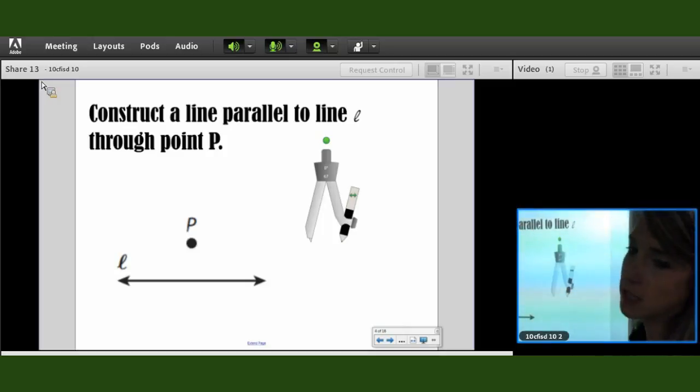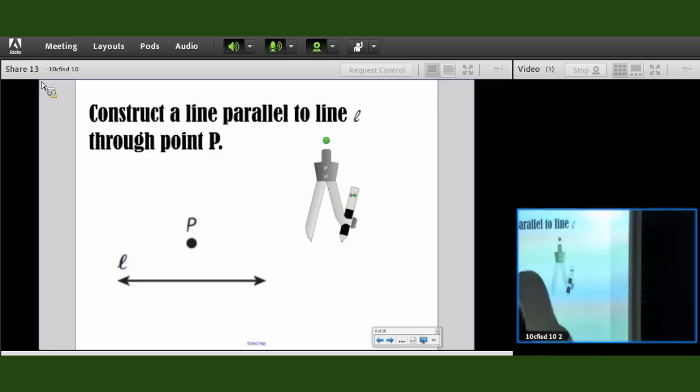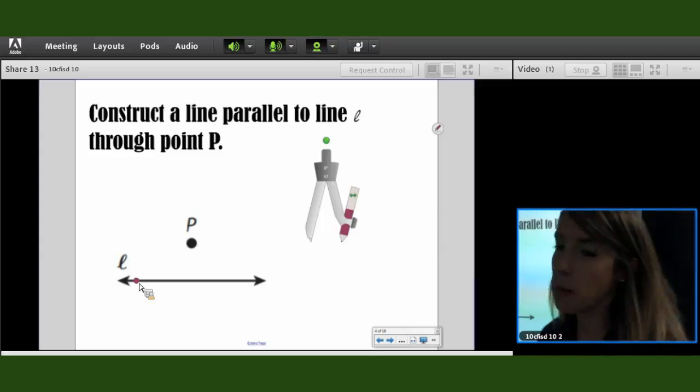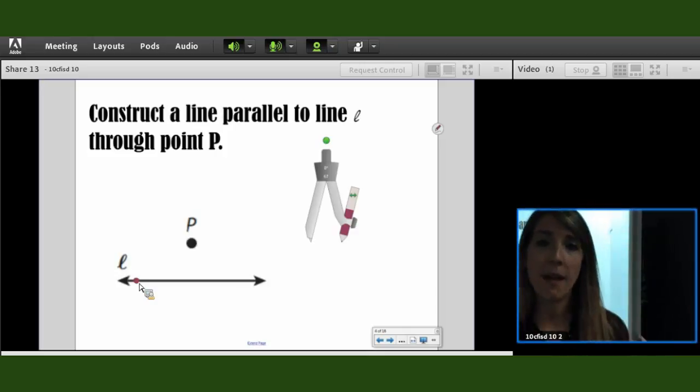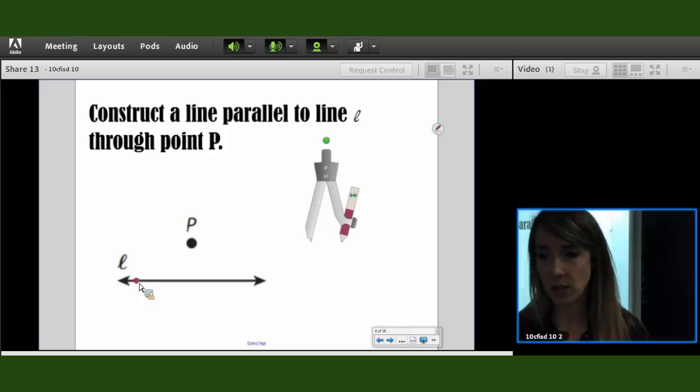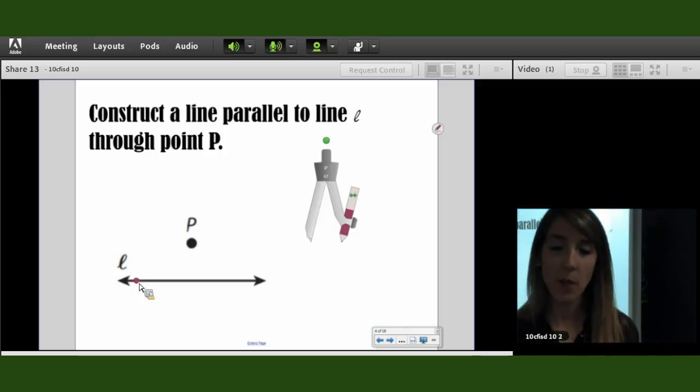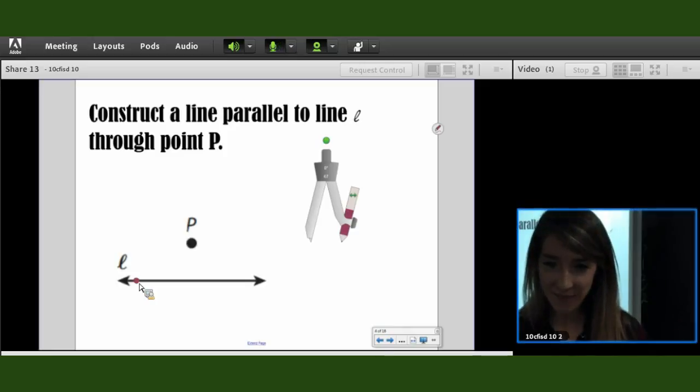So I want everyone to start on their paper by putting a dot, a point, somewhere on line L. Preferably, if you can put it to the left of point P like me, not because it has to be to the left, but because if ours match, I'll be able to teach you better how to do this construction. So put a point on line L, put it to the left of P preferably.